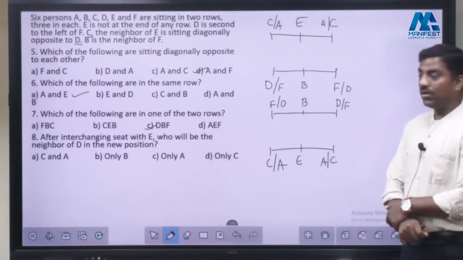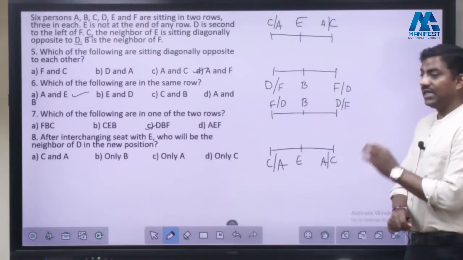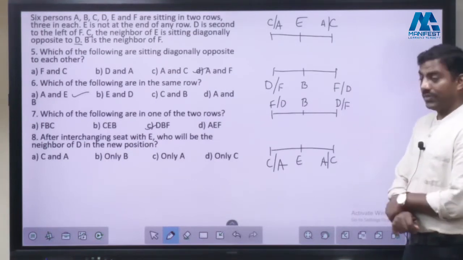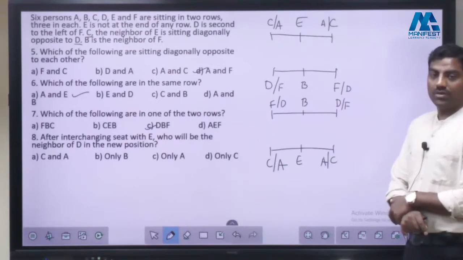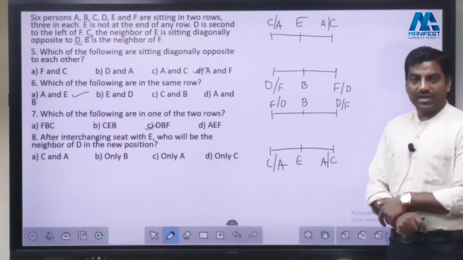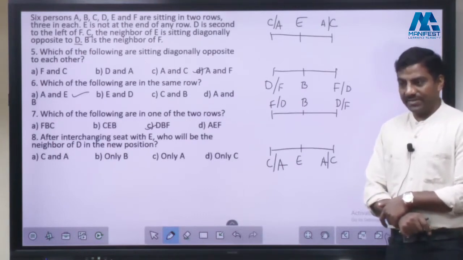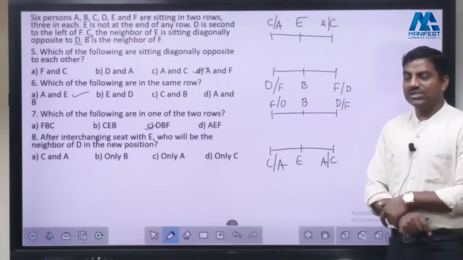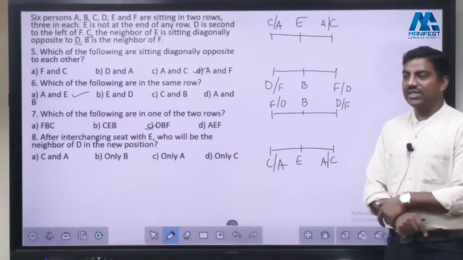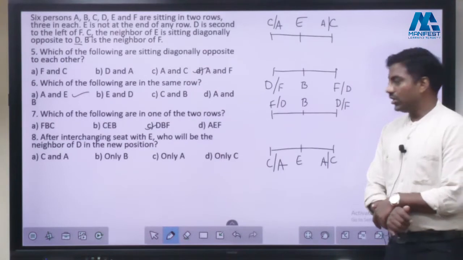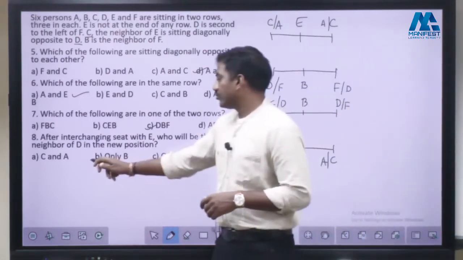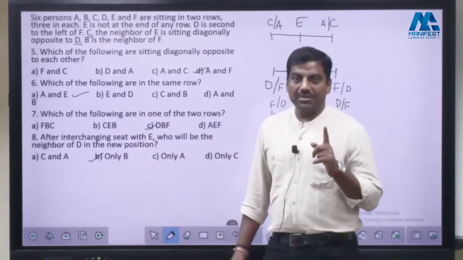D has only one neighbor, right? Go from any side. D has only one neighbor. Who is that? B. So E has to change the position with B only.